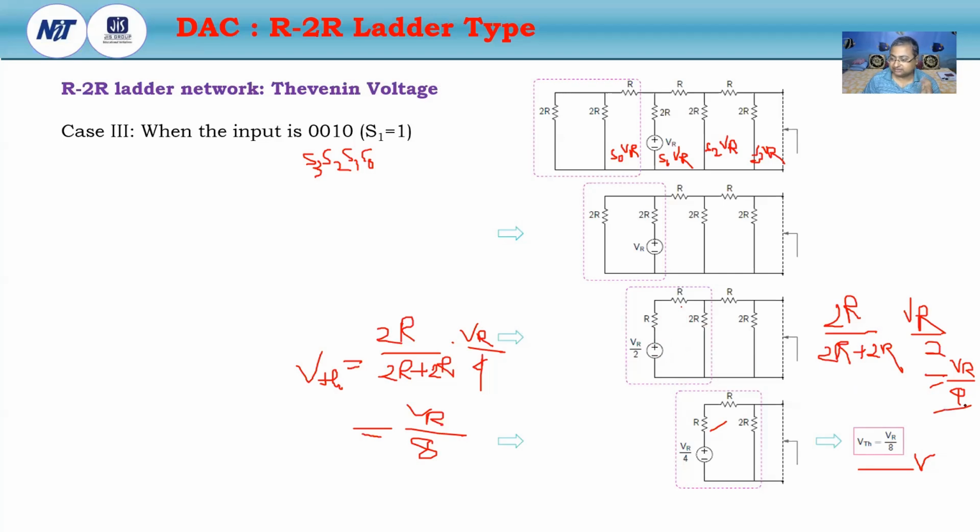Then you will get it. No problem. Put this value again for this network: put the Thevenin resistance R with the Thevenin voltage with the existing R and twice R. Then you will calculate this VTH finally.